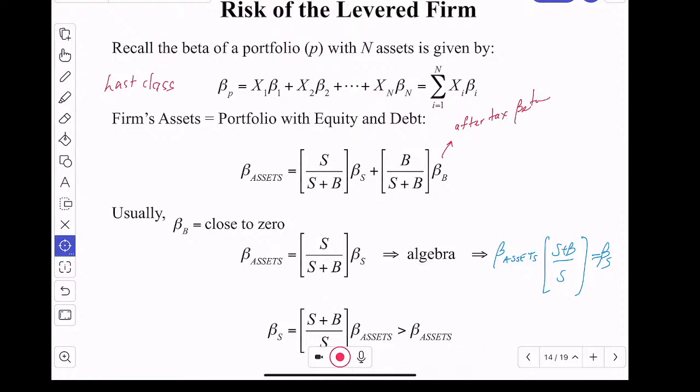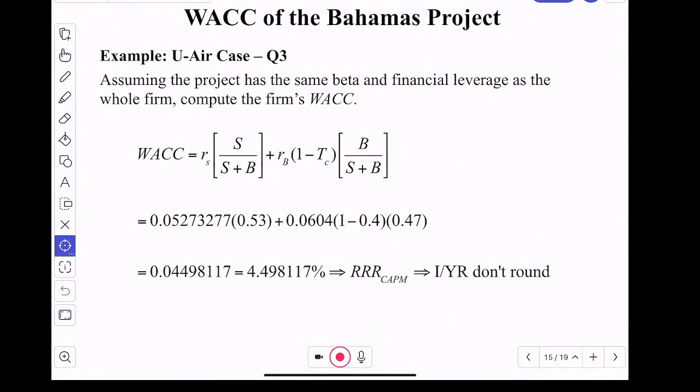So in other words, we are weighing down the beta of stock when we introduce the beta of debt. It dampens the riskiness. So beta of assets is less than the beta on equity.